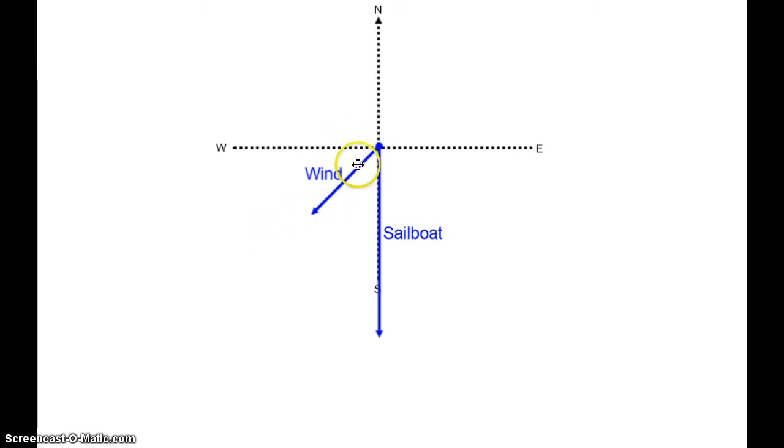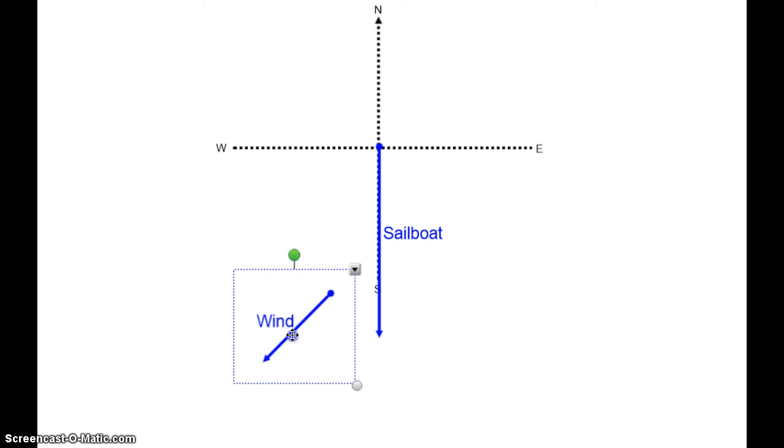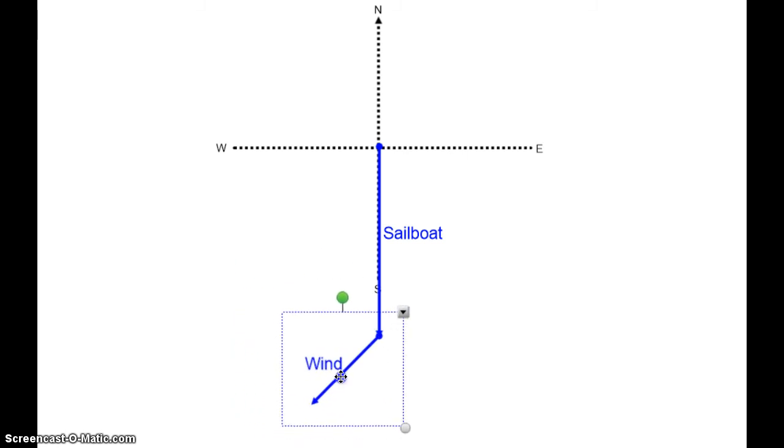So the angle between west and the wind here is 45 degrees, or between south and the wind is 45 degrees. The head to tail or triangle method of adding vectors requires you to take the vector that's being added and place its tail at the head of the other vector.